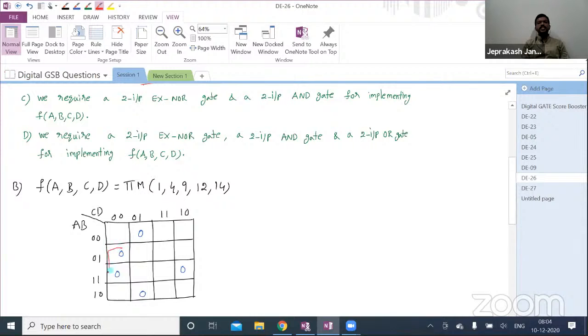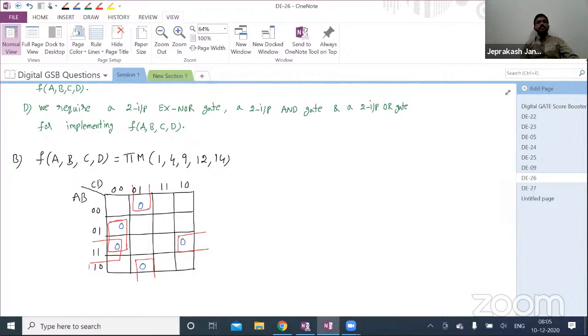Grouping of 2 zeros, adjacently placed zeros I'm talking, in powers of 2. These 2 zeros we can group, these 2 zeros we can group, these 2 zeros you can group. Like that you will get total 3 groupings, in each grouping a combined grouping of 2 adjacently placed zeros, right?